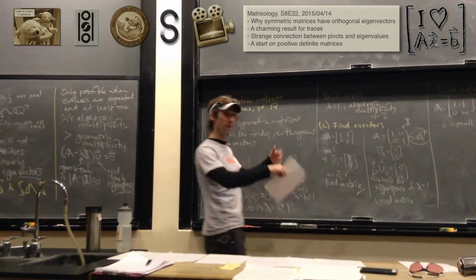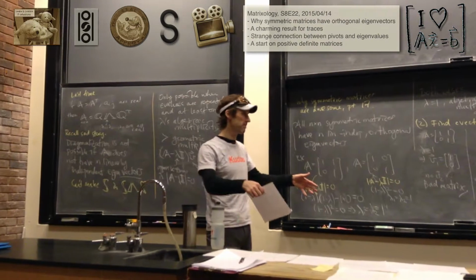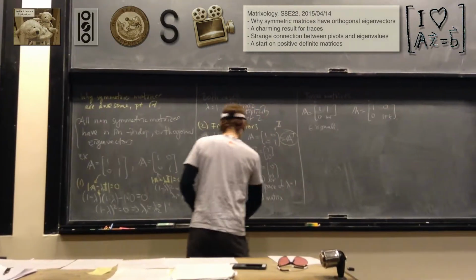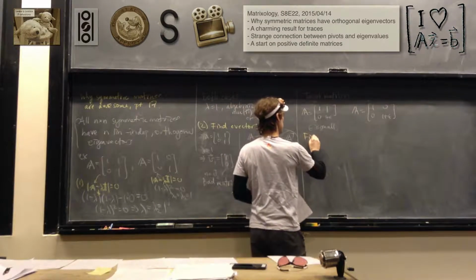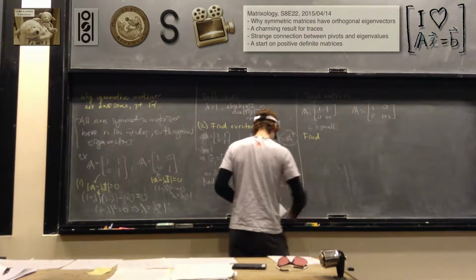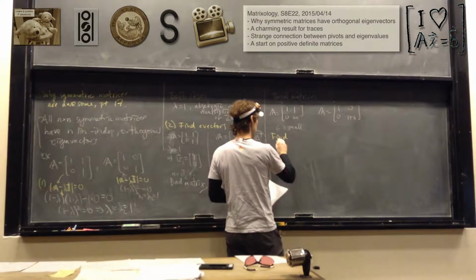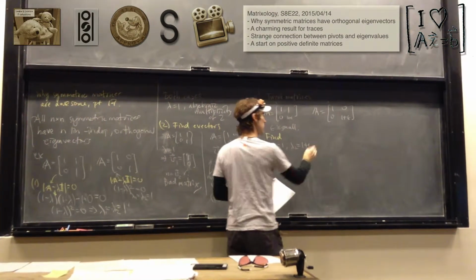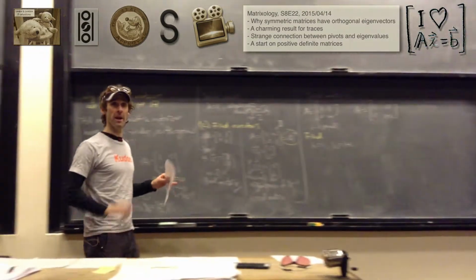So we go through and solve everything again for this 1 plus epsilon group. You'll find that lambda 1 equals 1, and now lambda 2 equals 1 plus epsilon. So they're different, and we don't have this problem anymore.